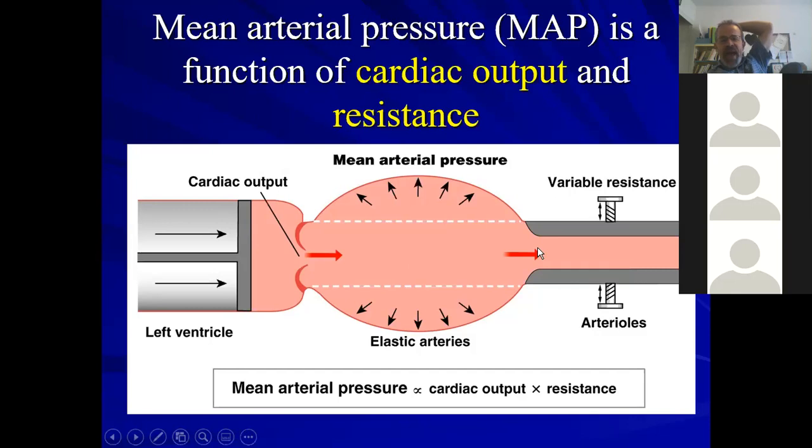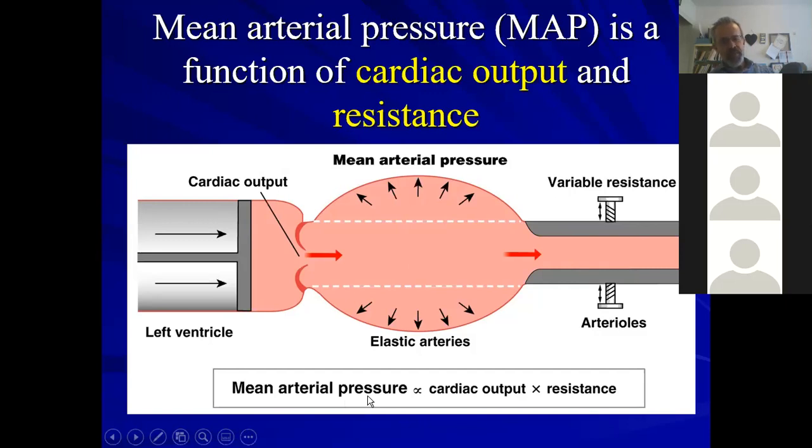Now here we've got the outlet, right? That blood's leaving the artery and going into the arteriole. Well, if we constrict this arteriole, reduce the diameter, that's going to make it more difficult for blood to leave. That's going to increase the resistance. So that's going to keep more blood in here, and that's going to increase pressure.